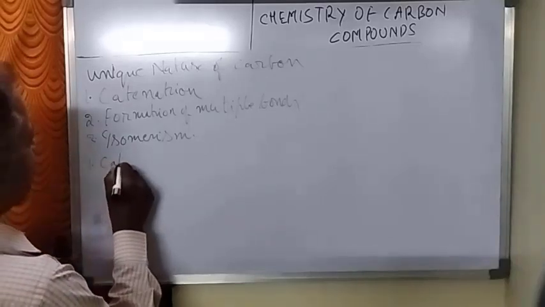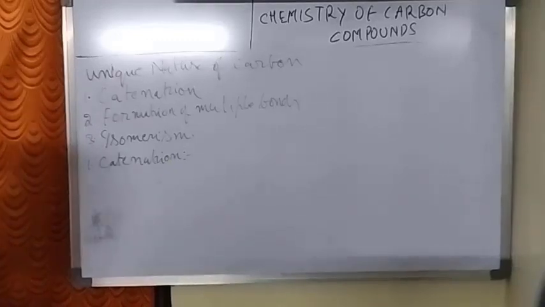Number 1, catenation. Catenation is the property in which carbon, with valency 4, combines with other carbon atoms to form long chains, branched chains, and ring structures.